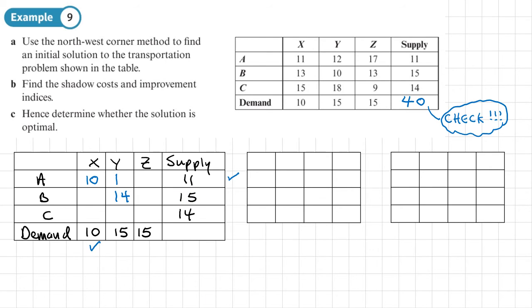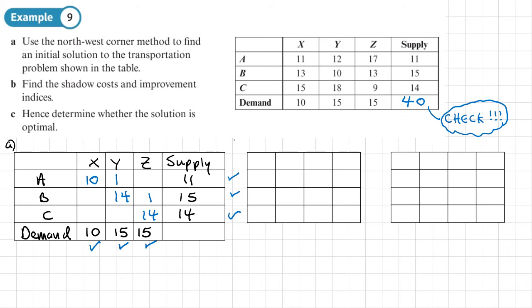Y is happy, got everything he needs, so I'll put 1 unit there. This supplier has used up all their demand. Z needs 14 more, which we get from supplier C, so I'll put 14 there. So we can tick all of those. Our demand has been met by our supply. So this northwest method gives us an initial solution to the problem.